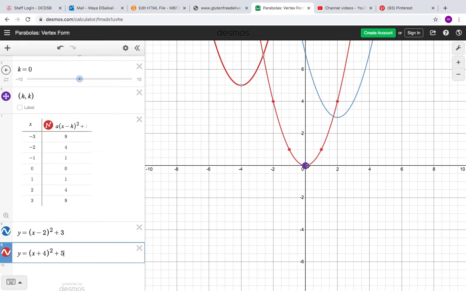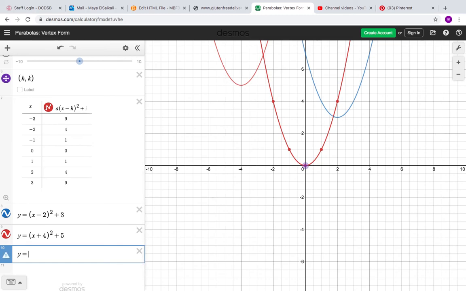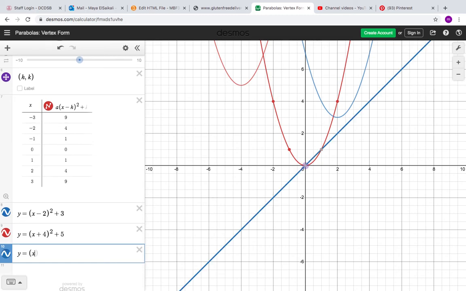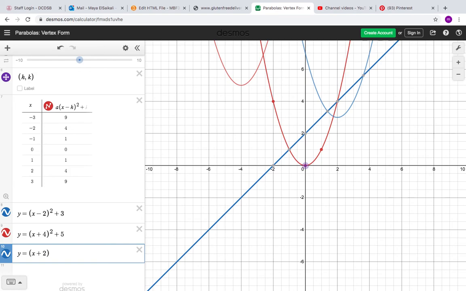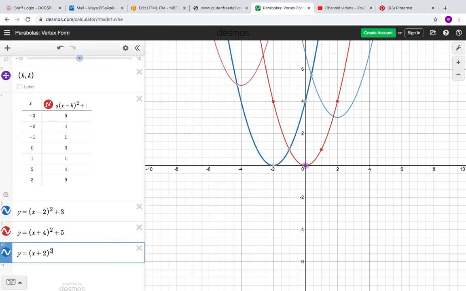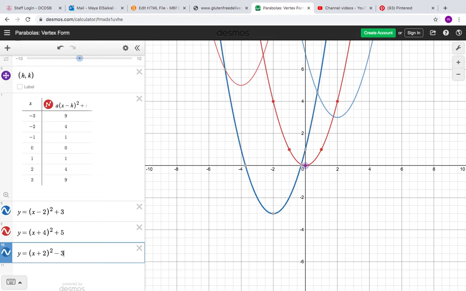My graph has moved 4 units to the left and 5 units up, and now my vertex is at (negative 4, 5). What if I have y equals (x plus 2) squared minus 3? You see that right now it moved 2 units to the left and 3 units down. So my vertex is at (negative 2, negative 3).